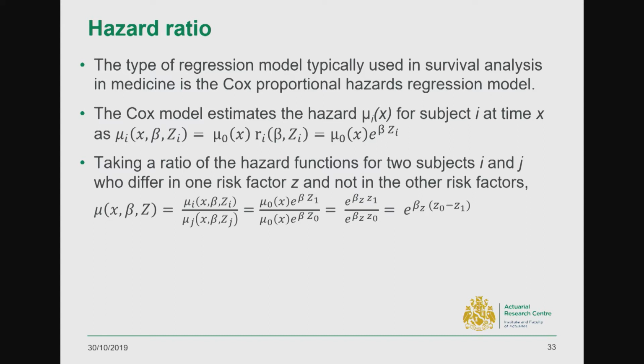The first term, mu naught, is the baseline hazard, and the second term is the risk score, which usually has a log linear relationship with the covariates. And we also were talking that if we take the hazard ratio, the hazard ratio won't depend on time, because the baseline hazards would just cancel out.